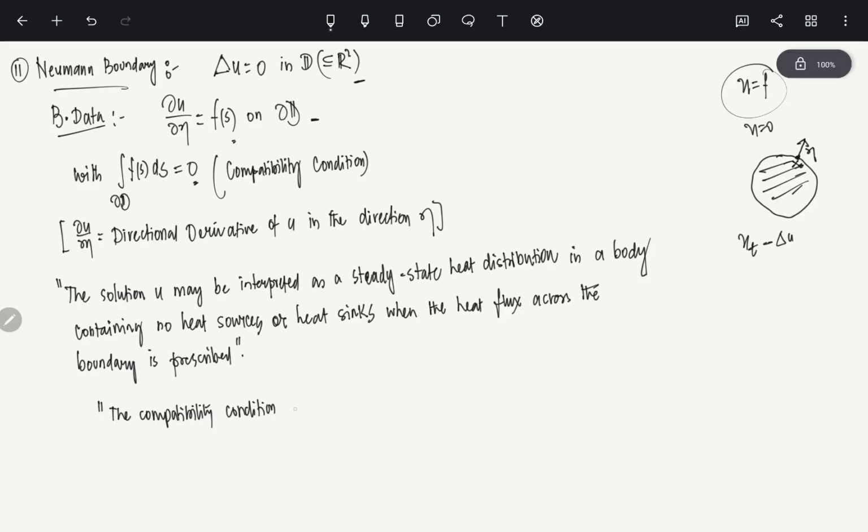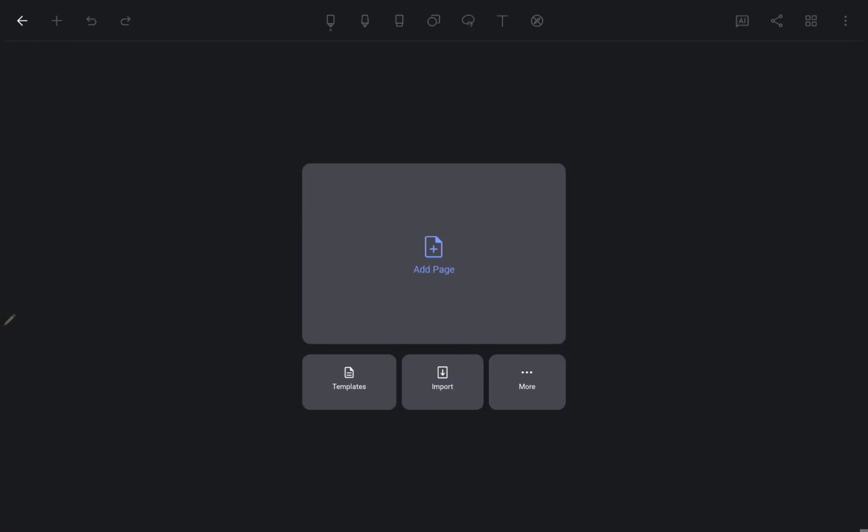So the compatibility condition says that the net influx, heat flux, across the boundary is 0. Clear? Okay, so this is the Neumann boundary condition.